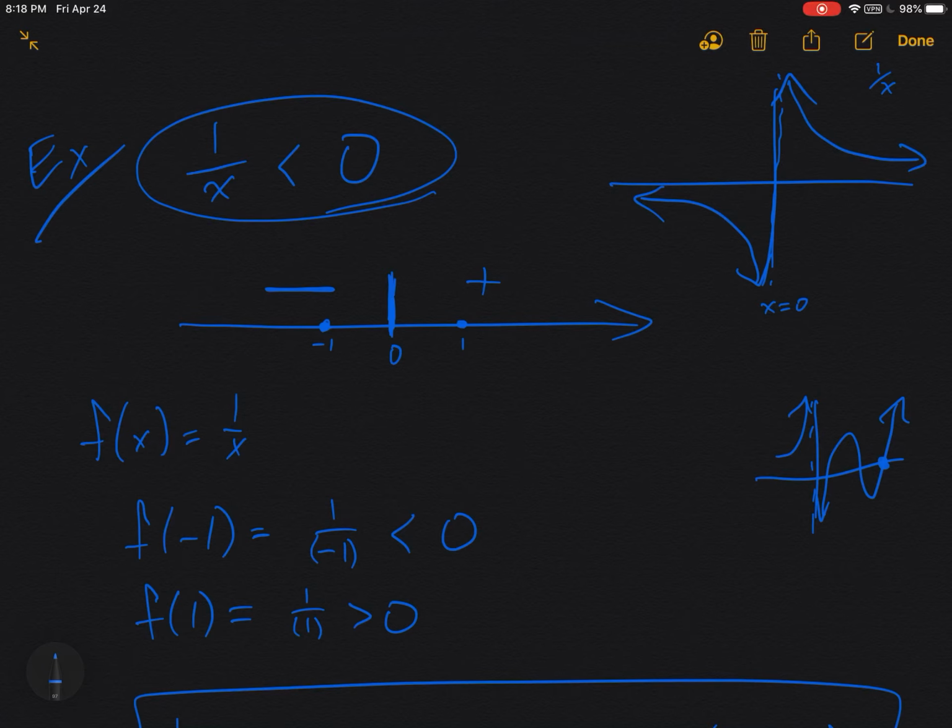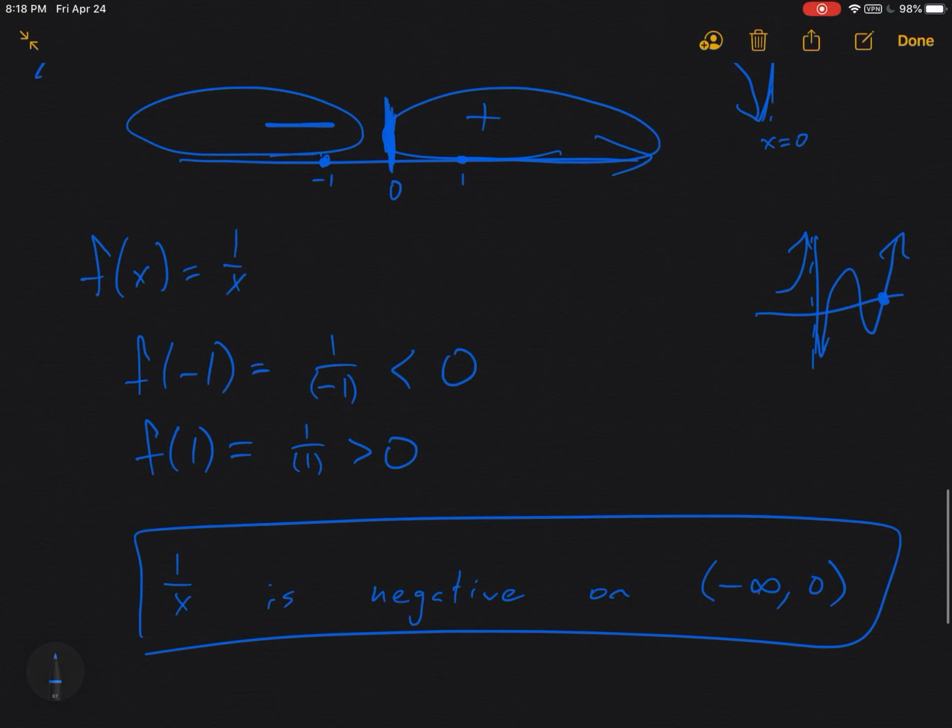The +1 and -1, those are just test values, and they're arbitrary. So I could have plugged in +2 and -2 instead. But I'm just plugging in values into my function to see whether that function is positive or negative on that given region, the regions being defined by those dividing values that we found at the beginning of the problem.